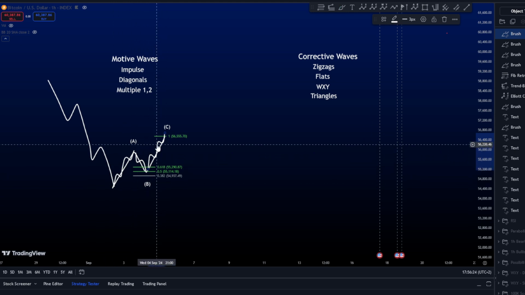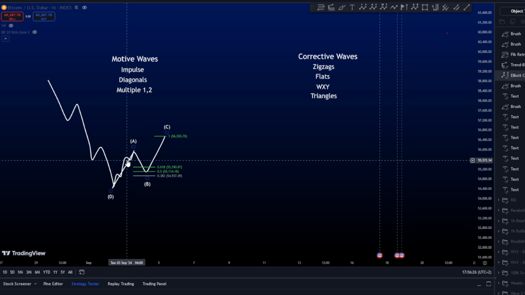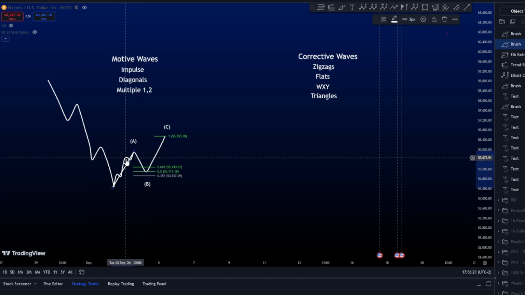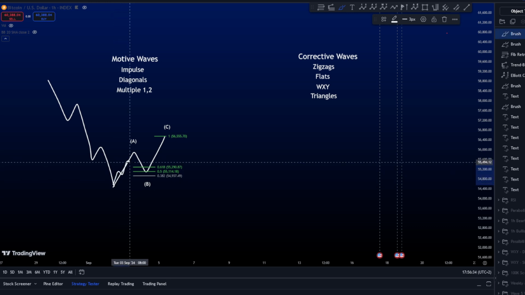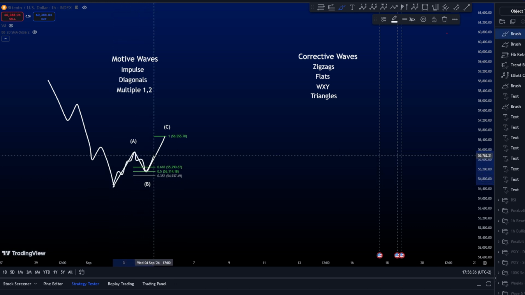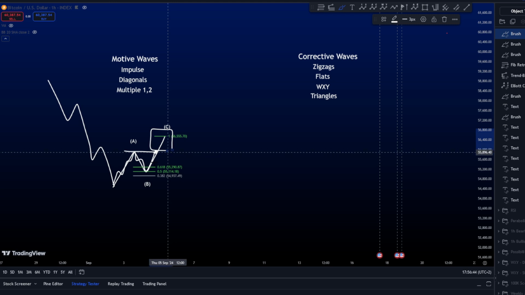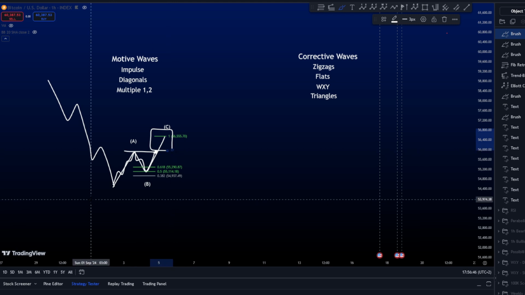The only possible way to make a little bit of profit from this is by trading the wave C. As usual, after your 5 waves up and 3 waves down, once you get to this level passing your 5 waves up, then you want to take your trade here, which is a very small part.